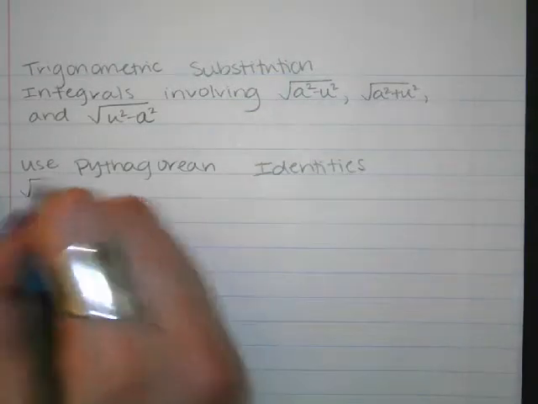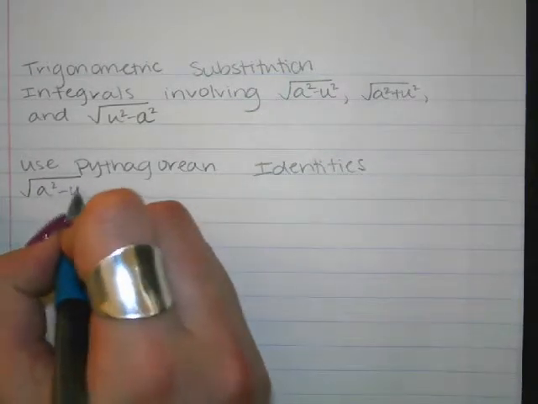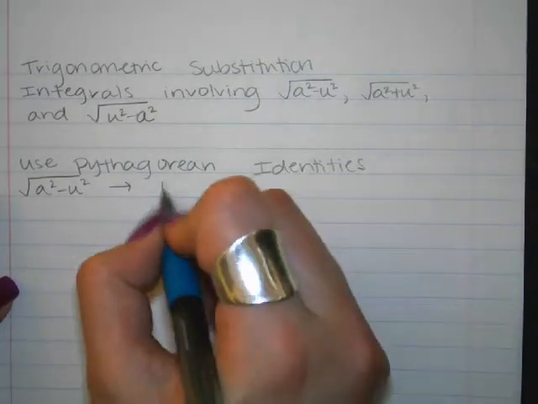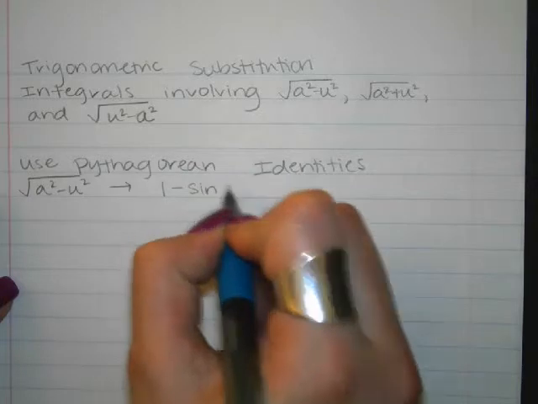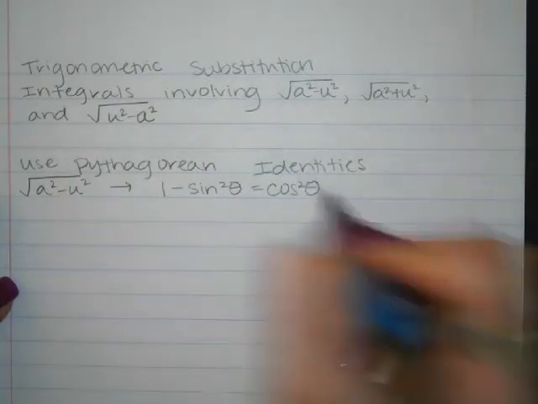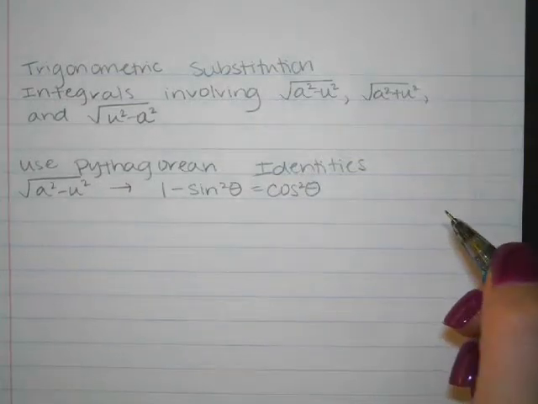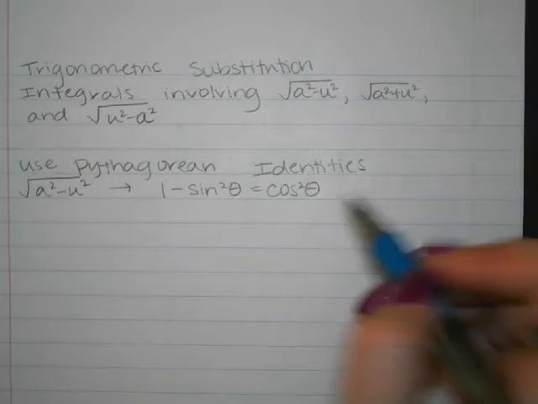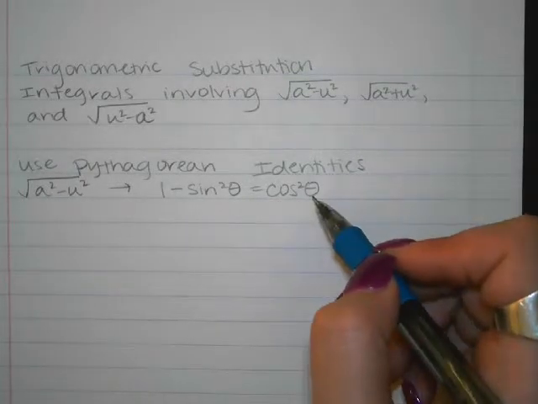So if we have a squared minus u squared, then the Pythagorean identity that we're going to use is 1 minus sine squared equals cos squared. So the Pythagorean identity itself is actually sine squared plus cos squared equals 1. So this is a variation of that identity.